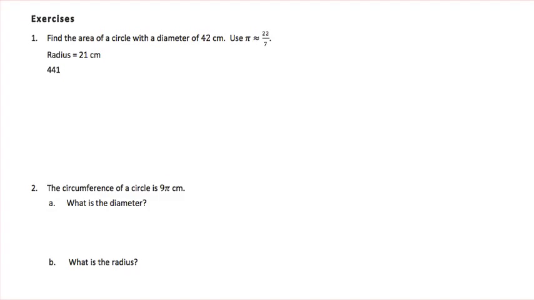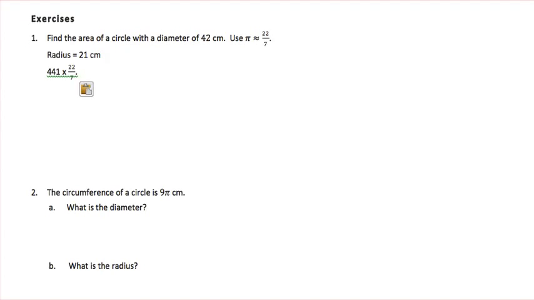And then multiplying times 22/7 will give us approximately 1,386 square centimeters.